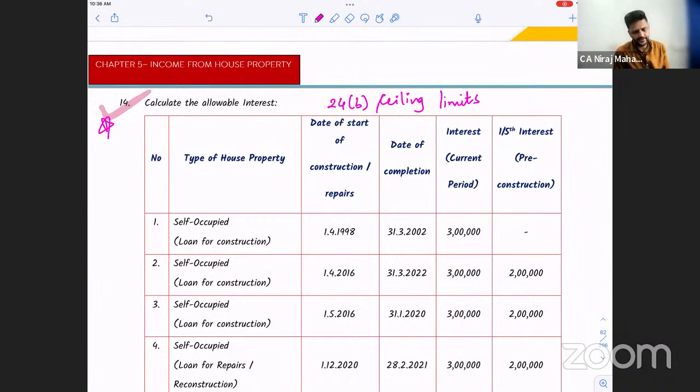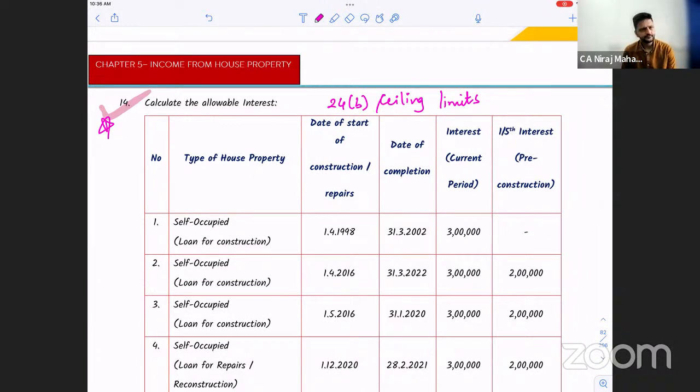Calculate the allowable interest. We have many different cases. I'll go through the headings first. Type of house property, whether it is SOP, self-occupied, or let out. Date of start of construction or repairs, whatever details will be given in the question. Date of completion of construction, etc.